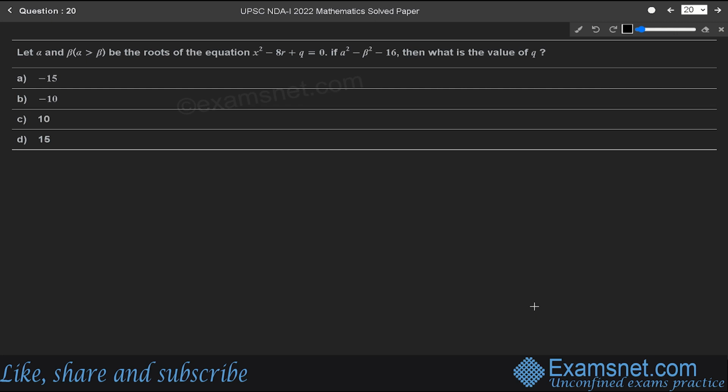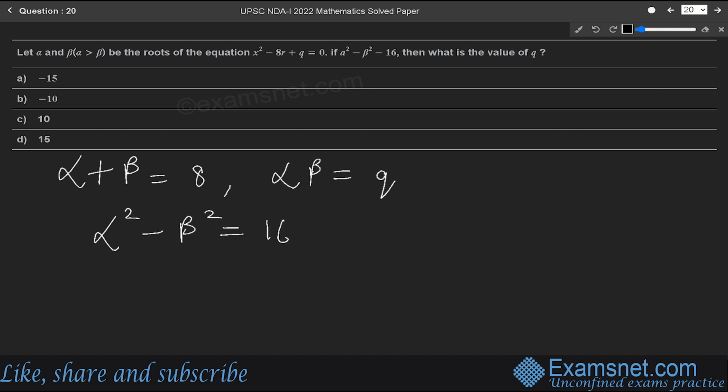So we know that when the roots are given, we can find the value of alpha plus beta and alpha into beta. So alpha plus beta will be equal to the coefficient of x here. So the coefficient of x is 8 and alpha into beta will be the value of c, which is q. Given that alpha square minus beta square is equals to 16, it is already given in the question and we have to find the value of q.